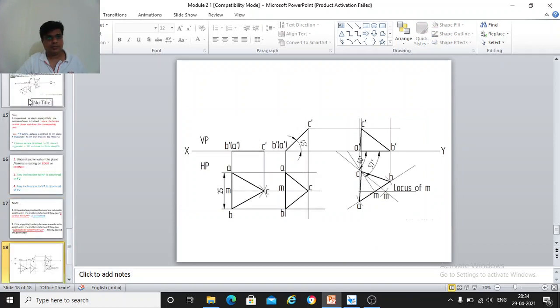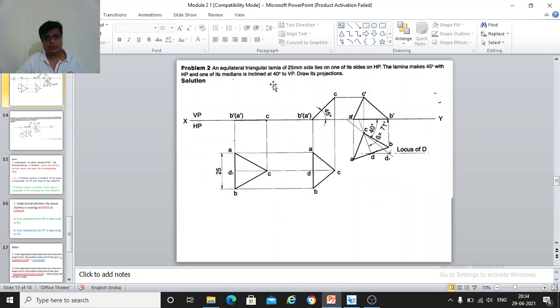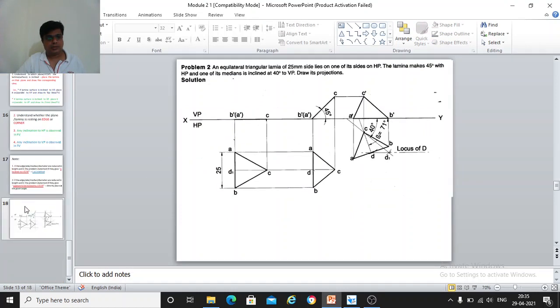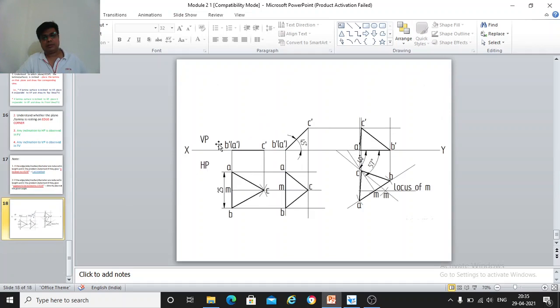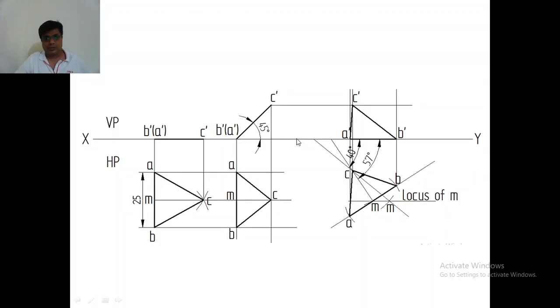So for this problem, the solution we have drawn here. Again, you can see the types of line. The XY line is thin, and the front view and top view are thick and dark. So use a 2B pencil to draw the front view and top view of the triangular plane.